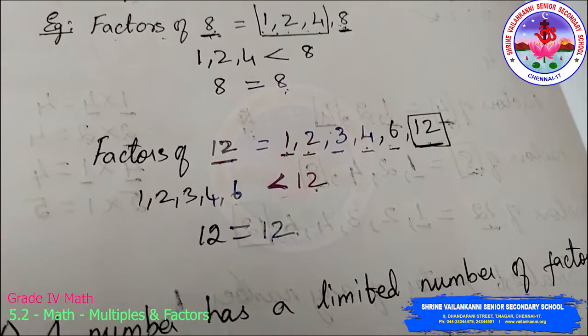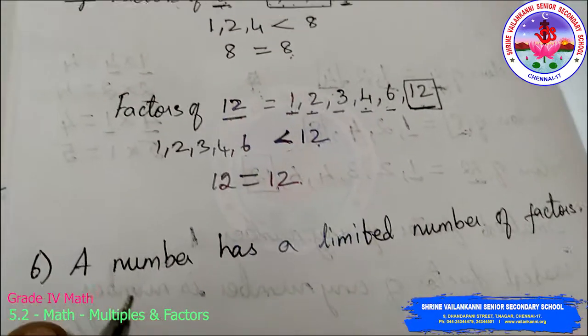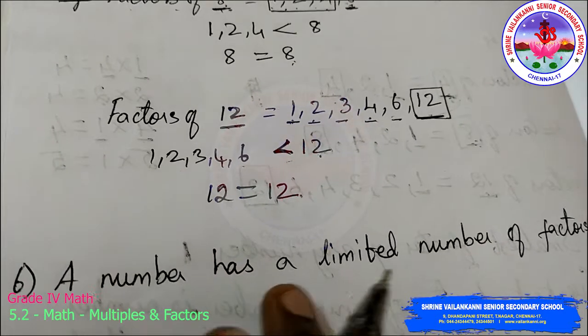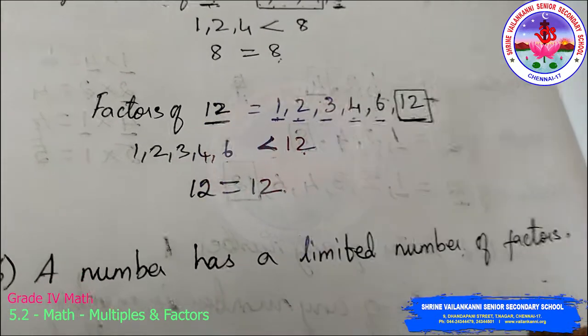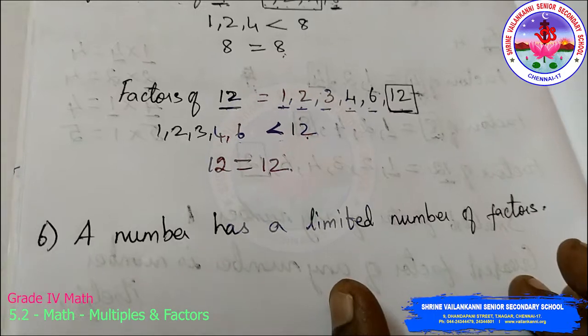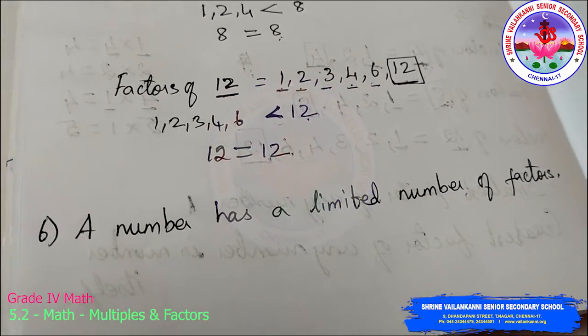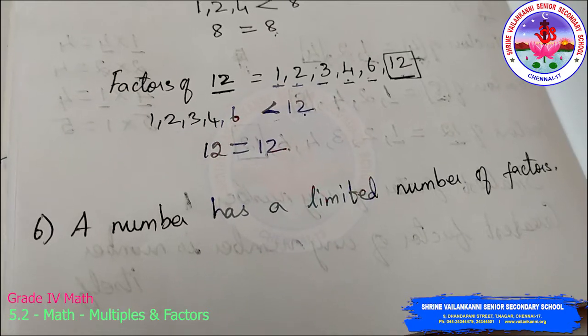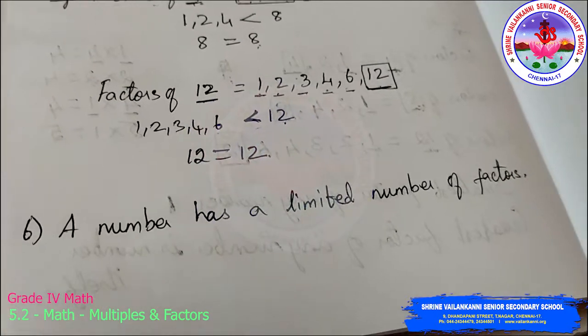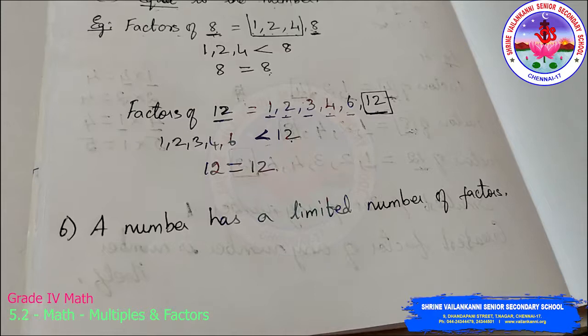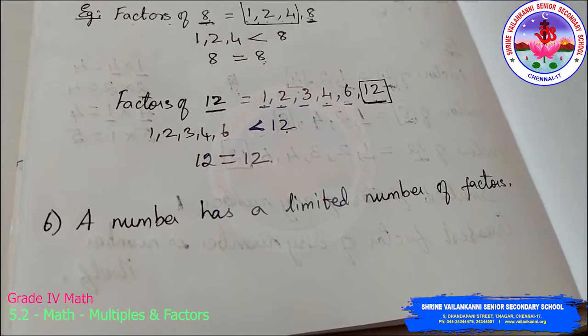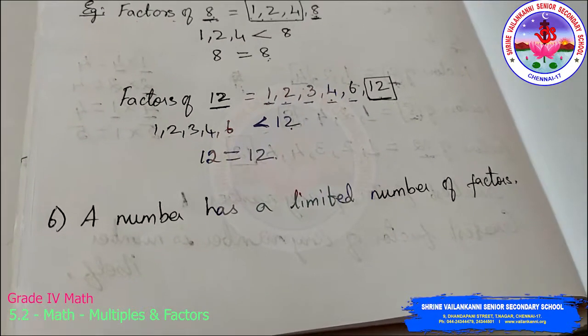Okay, the last property of factors: a number has a limited number of factors. That means you are able to count the number of factors for any number. If you take any number, it will have very few factors only. It is countable.